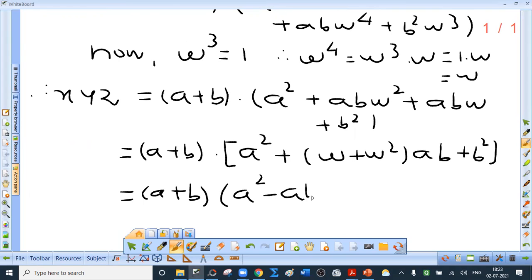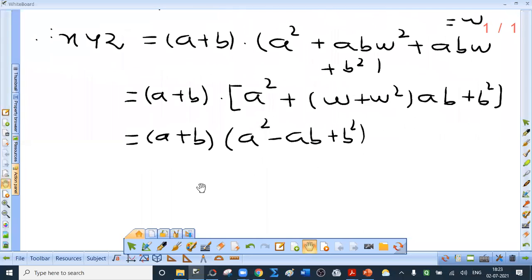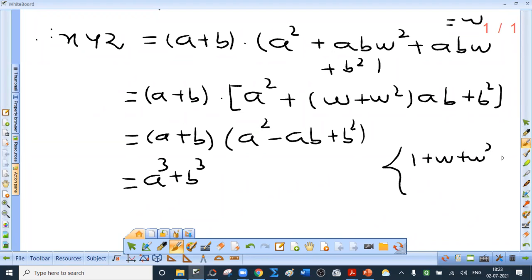So minus ab plus b square. Note that these are the factors of a cube plus b cube. So this is a cube plus b cube. I have to mention the reason. 1 plus omega plus omega square equal to 0. Therefore, omega plus omega square equal to minus 1. Okay, right.